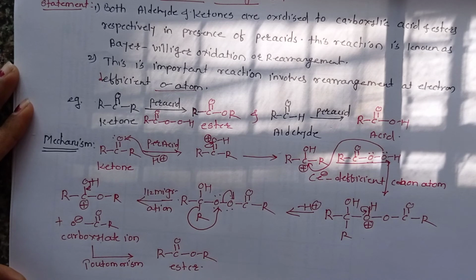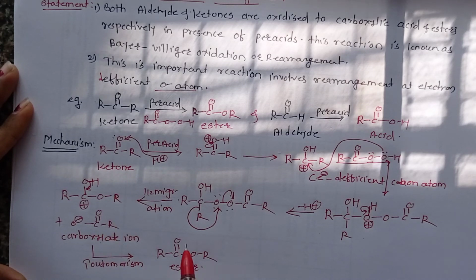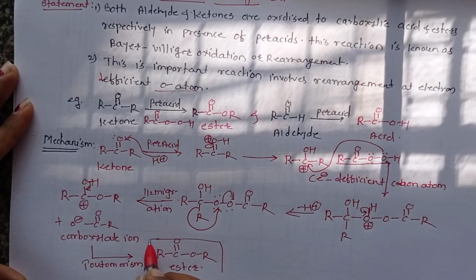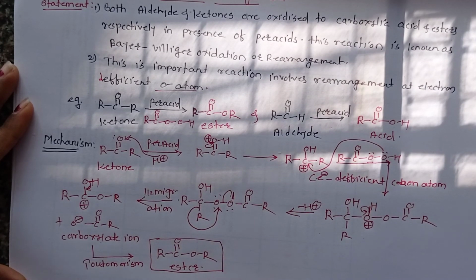Here, formation of the ester. Why? Because we have taken a ketone. If we take an aldehyde, an acid forms, but in the starting compound we have taken the ketone. So the ester forms as the final product. So this is your final product of the Baeyer-Villiger rearrangement.